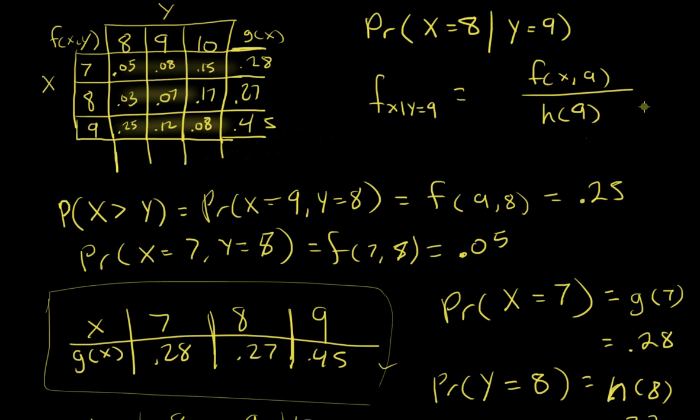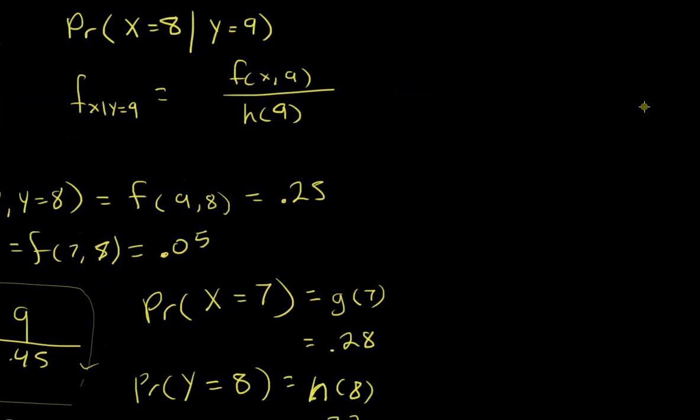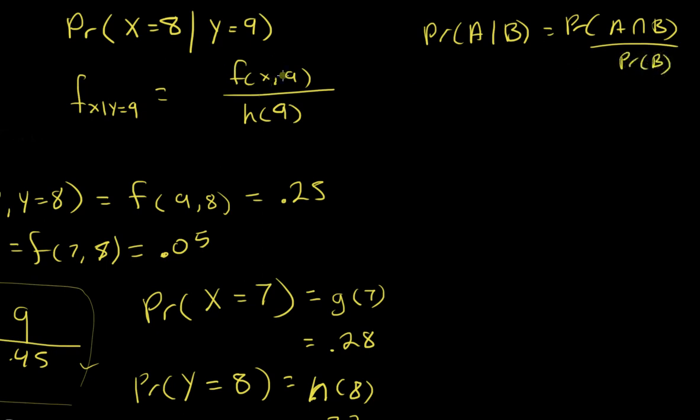Remember conditional probability, the rule for conditional probability was the probability of, say, a given b equals the probability of a and b divided by the probability of b. Well, this is a and b, right? The joint distribution. And this is b, the probability of b, the marginal at y equals 9.